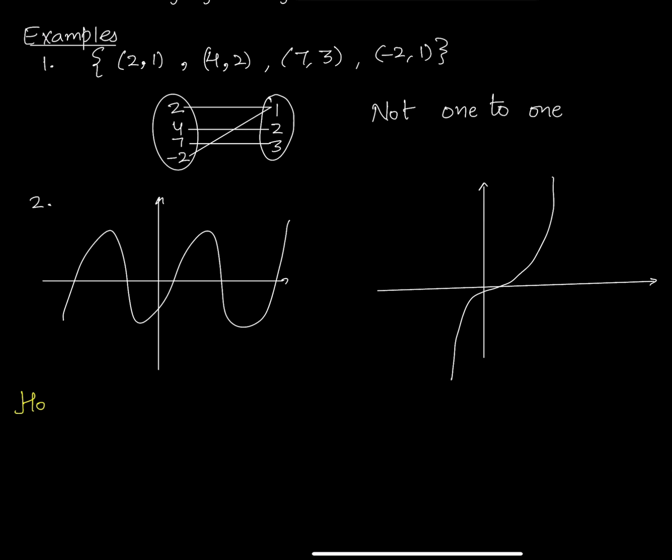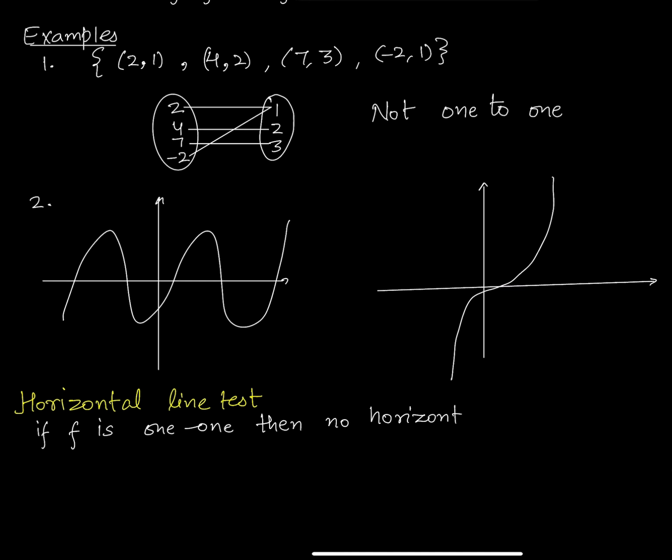And that is horizontal line test. This test says if your function is 1-1, if f is 1-1, then no horizontal line intersects the graph more than once.